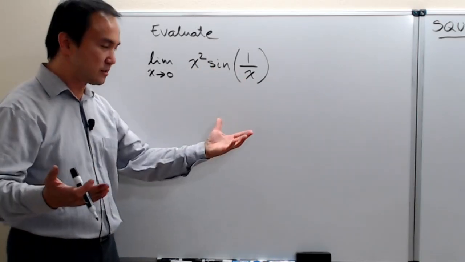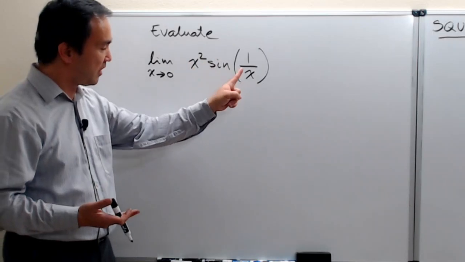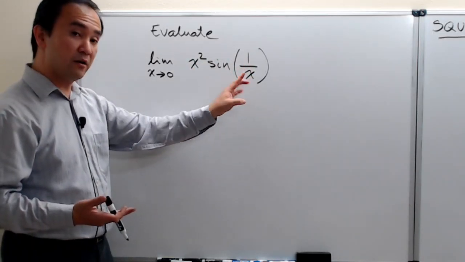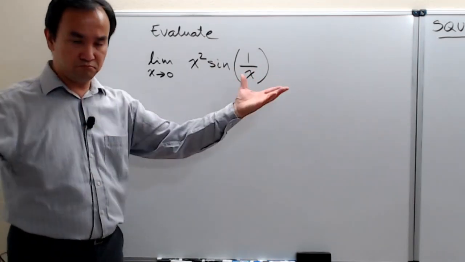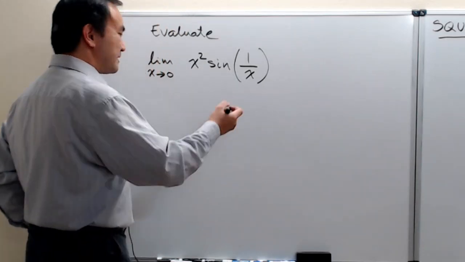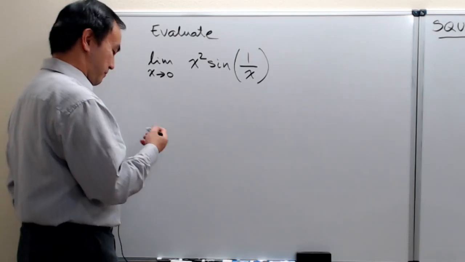Because what's the worst problem here is that when we substitute x equals 0 into the function, we get a 0 here, and we get a 1 over 0 inside of our sine function. So things are going to go in all directions. And so in that way, here's some observation.